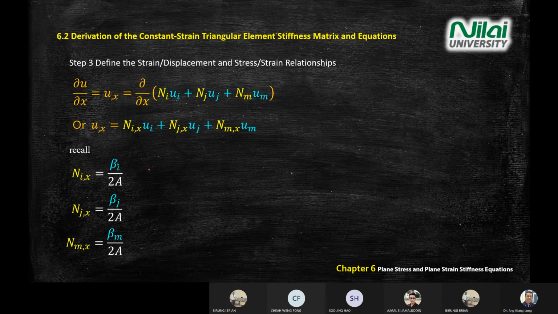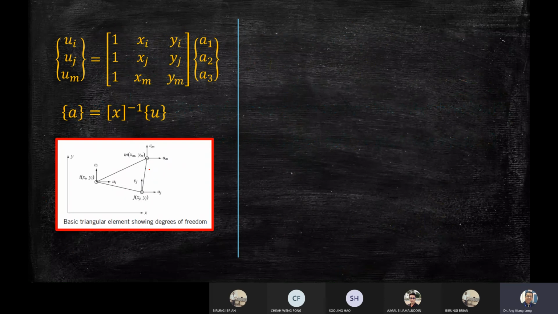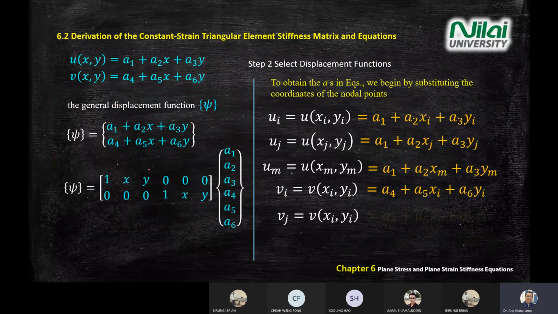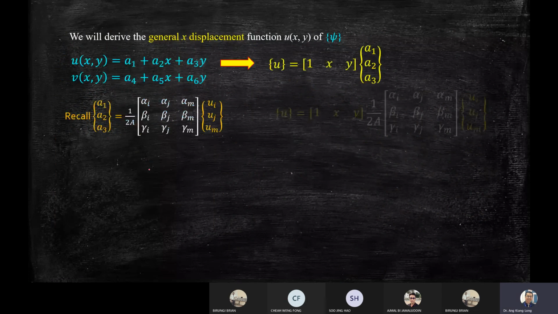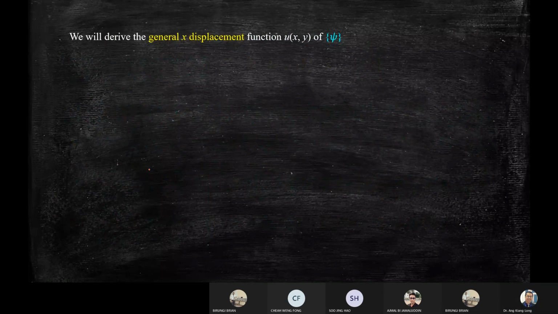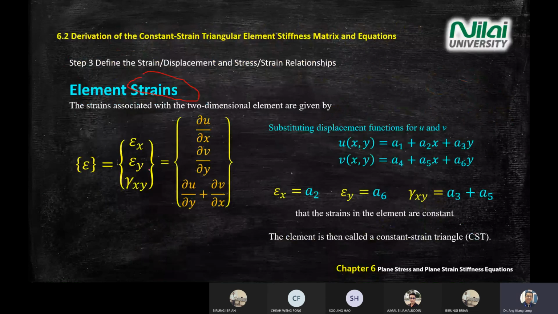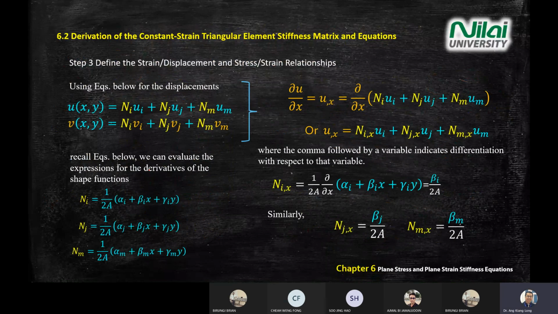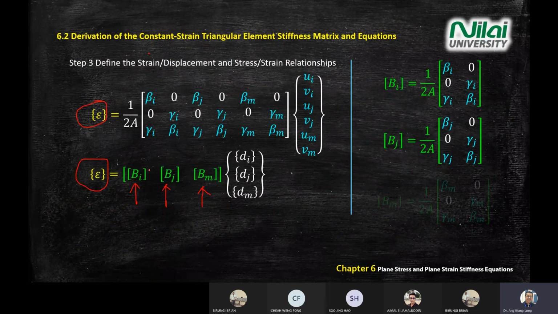Just now, for stress, we were using, let me see here. Okay. Maybe especially for strain, we are using B to differentiate from alpha, gamma, and beta.